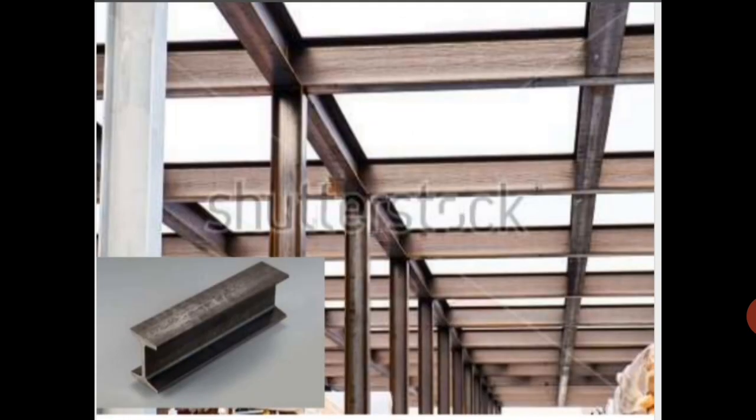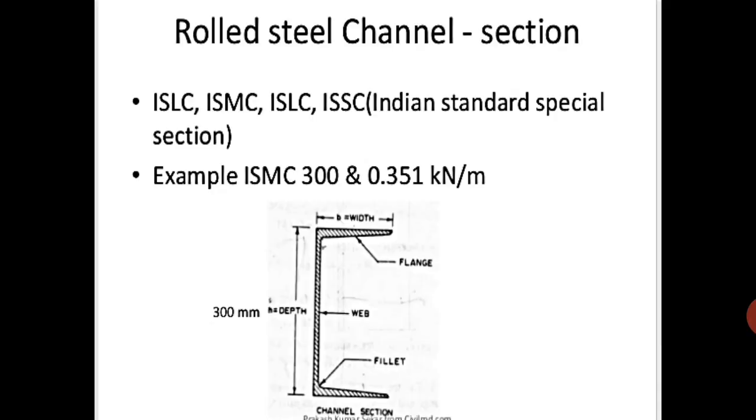Okay, so this is the 3D diagram of the section and connections of column beam construction. Rolled steel channel sections: ISLC, ISMC, ISSC, Indian Standard Special Sections. For example, ISMC, Indian Standard Medium Channel Section, having 300 mm depth, and the weight of ISMC 300 is 0.351 kilonewton per meter.